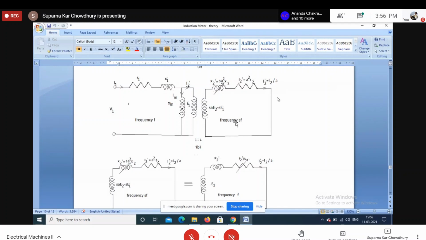So what the stator conductors will see is the rotating magnetic field rotating with respect to the stator conductor.